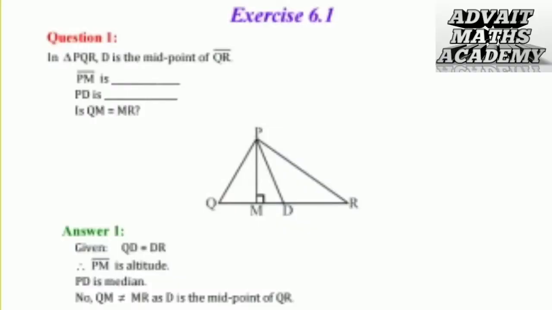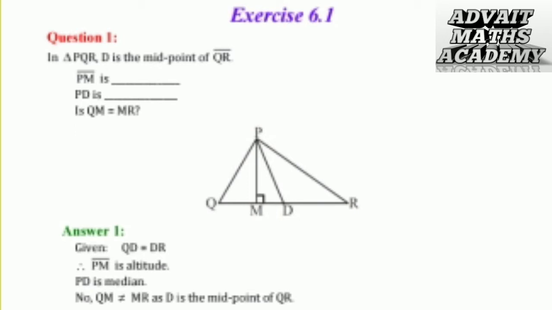Now we start exercise number 6.1. Question number 1. In triangle PQR, D is a midpoint of segment QR. PM is a blank, PD is a blank. Is QM equal to MR?